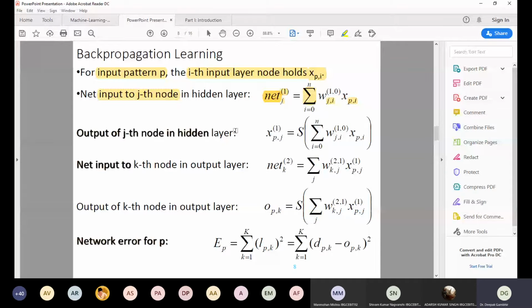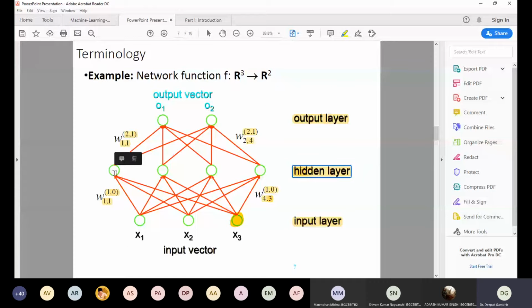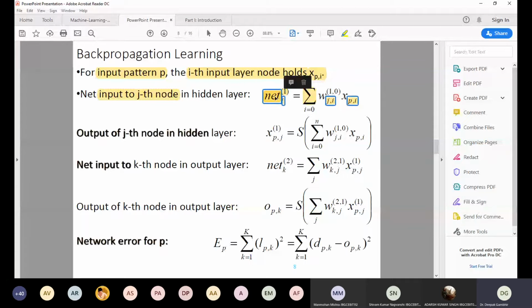Suppose we are writing for the first node of this hidden layer. We will write net 1 1, that is for the hidden layer and node 1, that is node j. 1 in the superscript, 1 in the subscript.